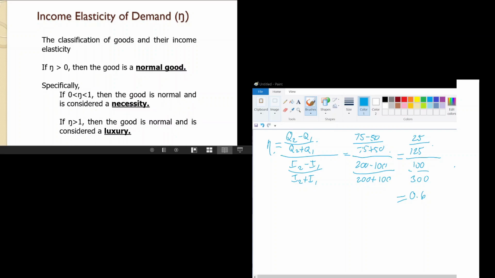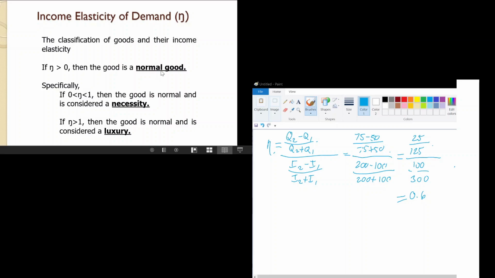Okay, so in classifying the goods for the income elasticity, we have the guides here. So if the computed value is greater than 0, ibig sabihin positive siya. So the good is normal. Okay? So normal good siya kapag positive. Yun yung first na interpretation, normal good.